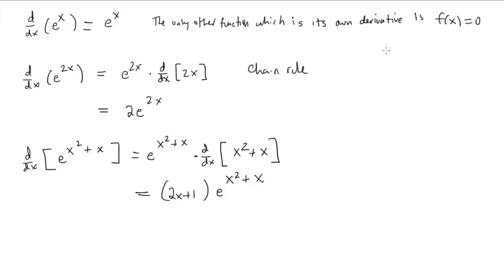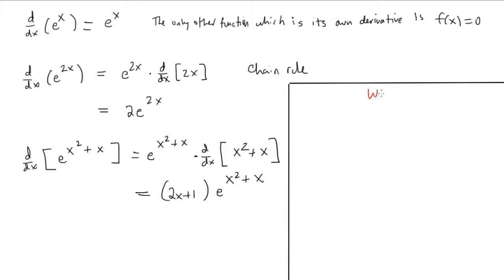Now one of the common errors you tend to make with this is to say the following, and I'm going to write it in red because it's wrong. A common error is to look at the derivative of e to the x and say, oh, it's something to a power, so I should bring the power down and then take one away from the power.